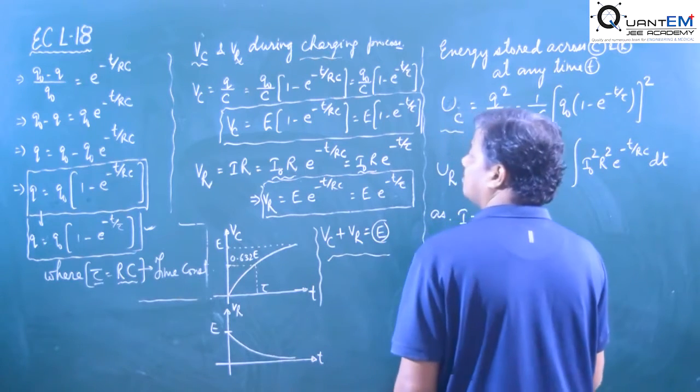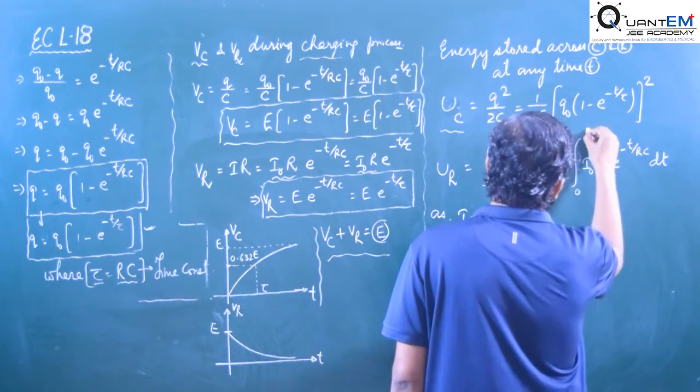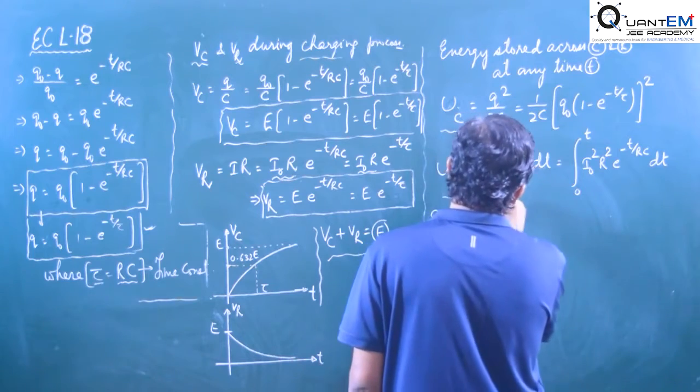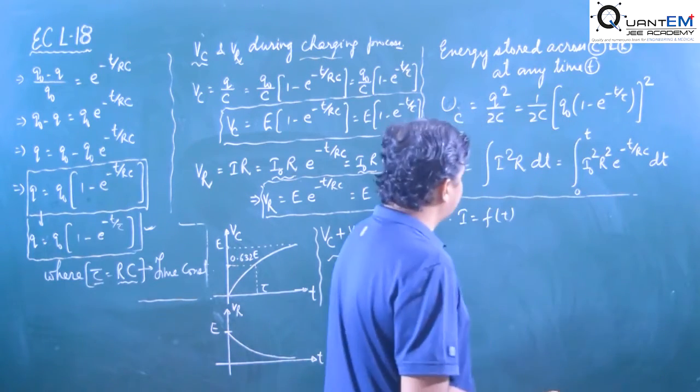Now integrate it from 0 to the given time. So you will get the value of what? The energy stored across the resistor.